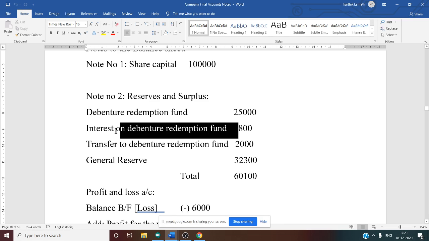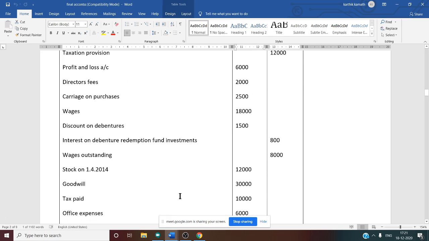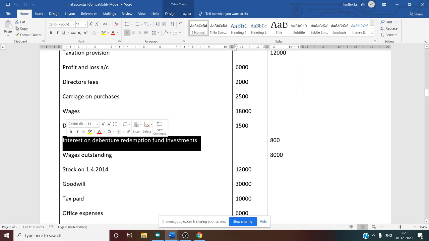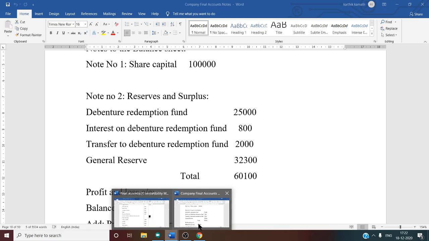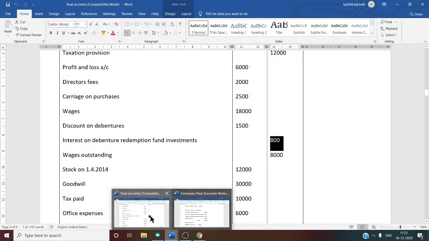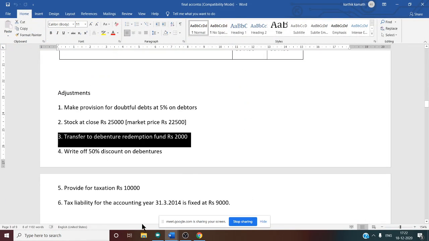Next, interest on debenture redemption fund. Again, where this information is given. See this. Interest on debenture redemption fund investment credit side balance 800. This also we have to take. So we have to add these two information. Then transfer to debenture redemption fund is given in the adjustment. Again, this also we have to consider.